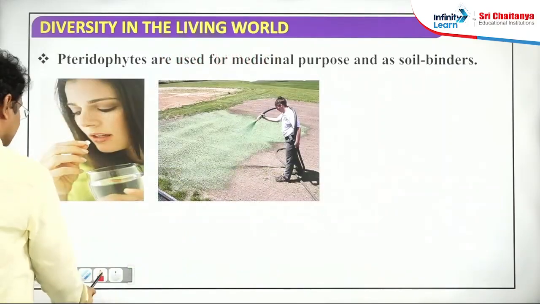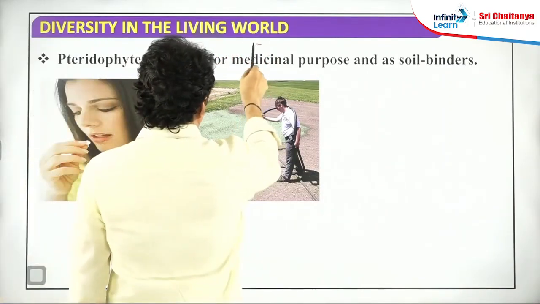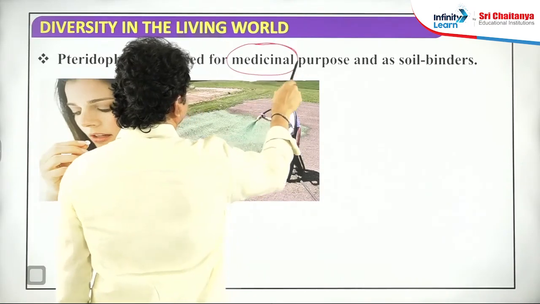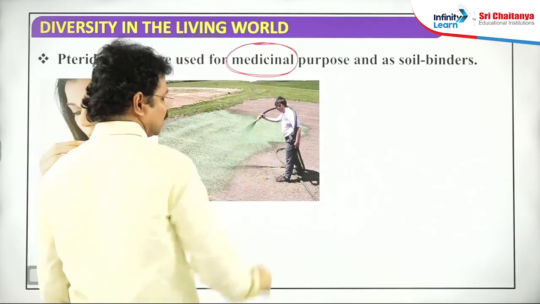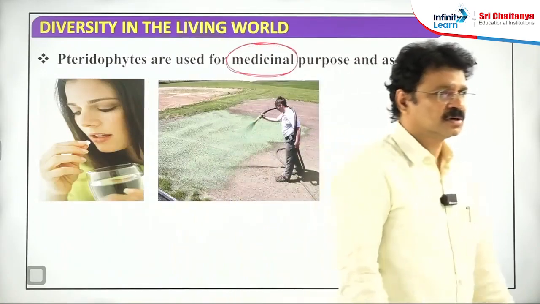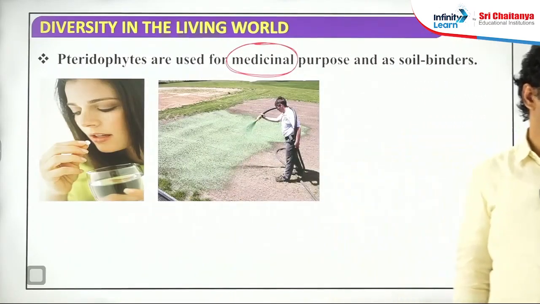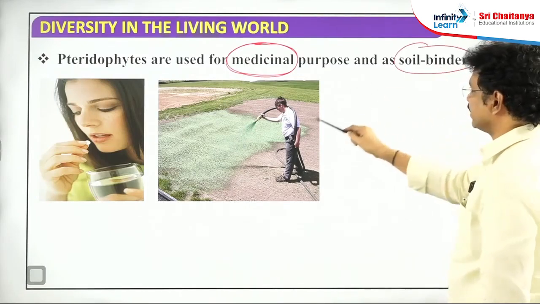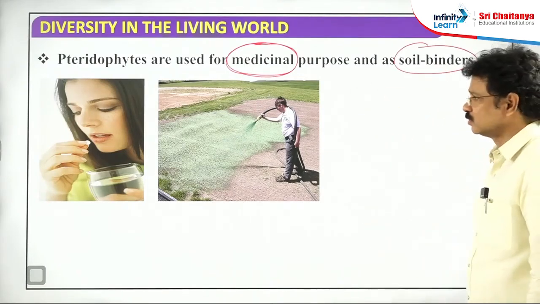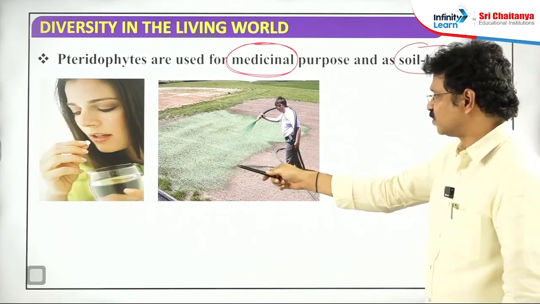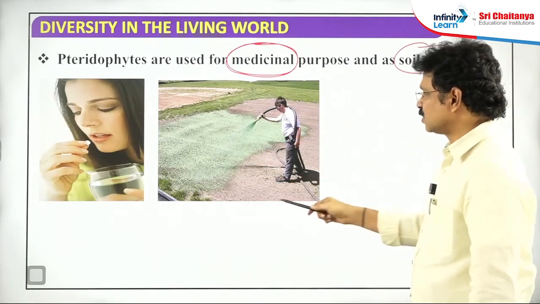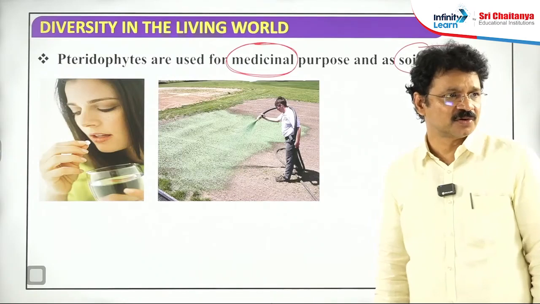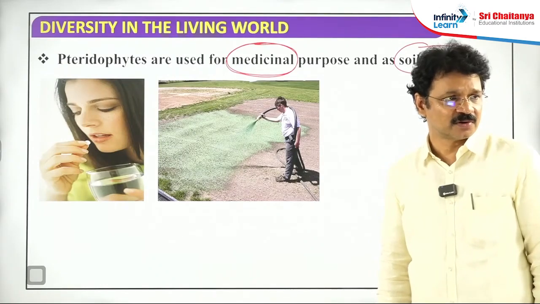Economic importance of pteridophytes. Majority of the pteridophyta plants are used as one of the ingredients in the preparation of many Ayurvedic and homeo medicines. And also as soil binders to prevent soil erosion. Spores of pteridophytes are sprayed on plain areas where annual rainfall and floods are high.